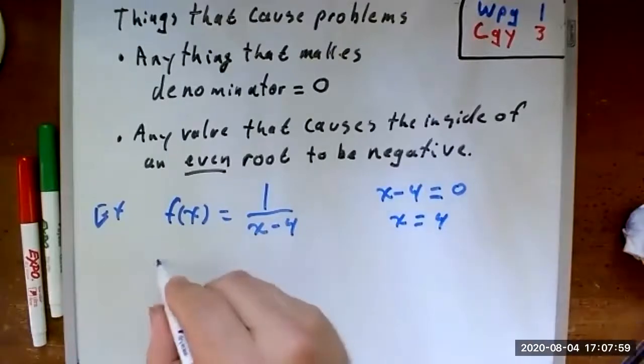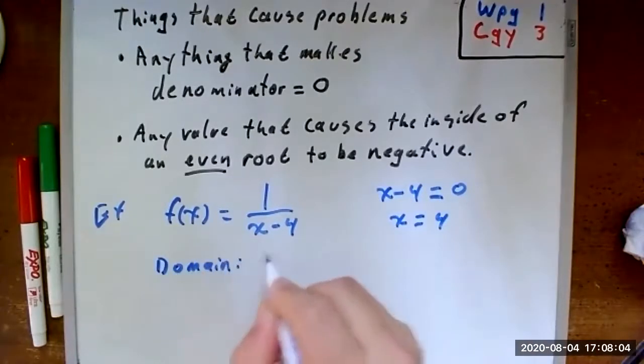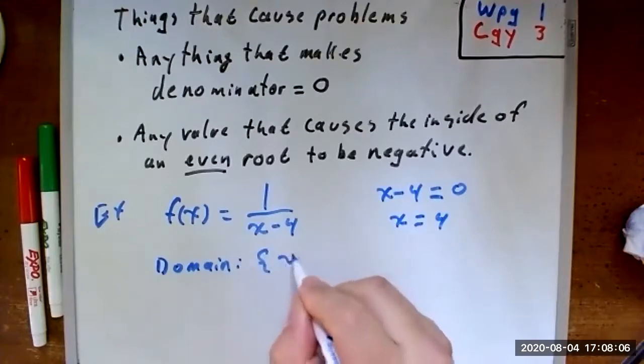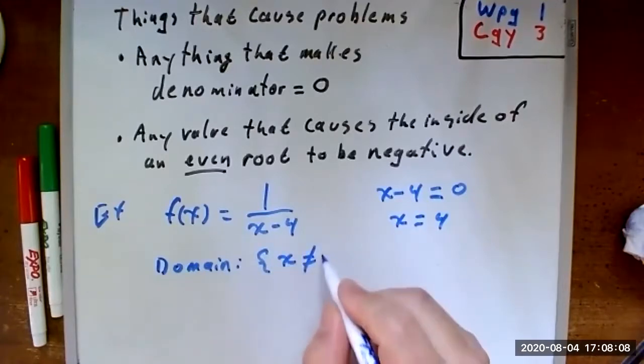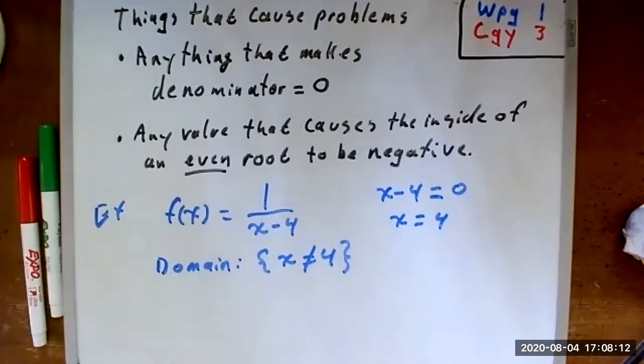So what I'm looking for is where does x minus 4 equal 0? Well, x minus 4 equals 0 when x is equal to 4. So for here, what I would want to say is that my domain is going to be any place where x does not equal 4. Because that's what sends it to 0, so that's a problem.